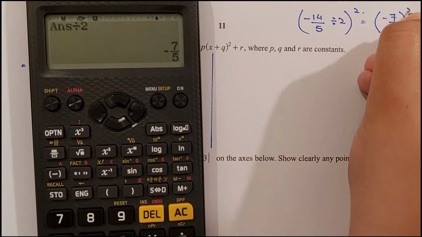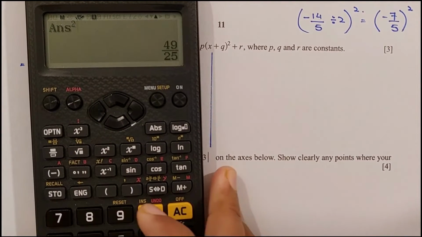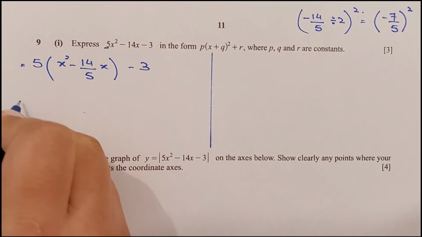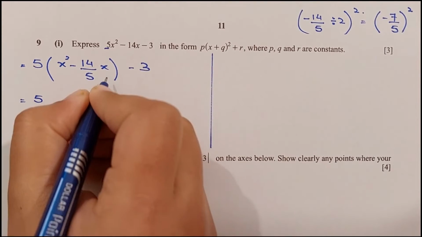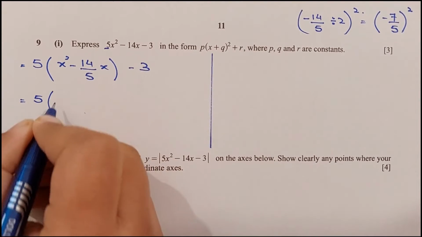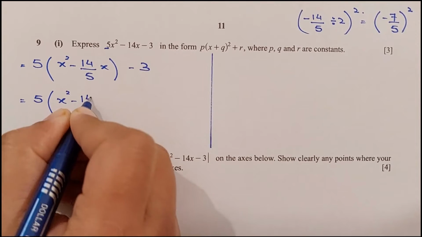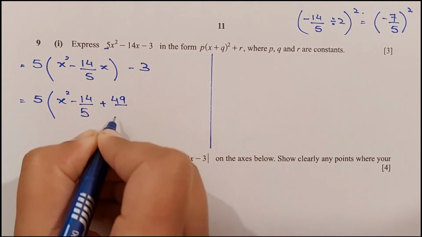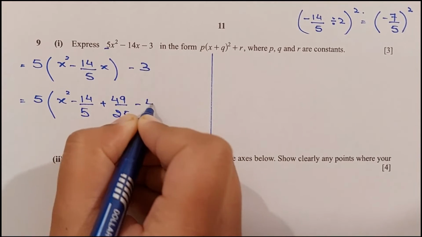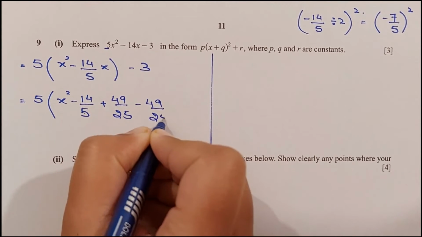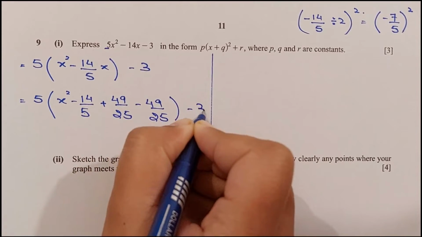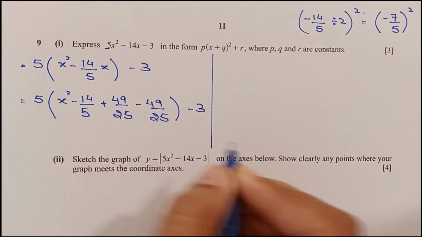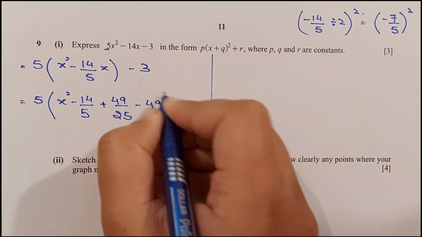So we have to take its square, 49 by 25. So we have 5, and we add and subtract inside the bracket. So x square minus 14 by 5 x plus 49 by 25 and minus 49 by 25, and negative 3 is outside, right?